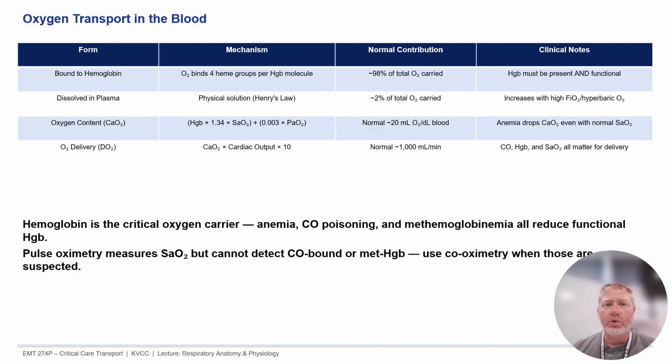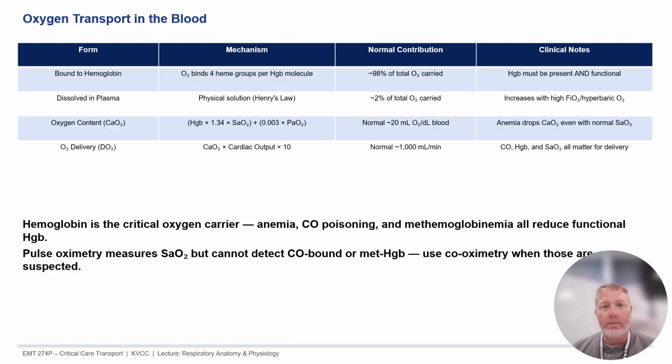The clinically crucial implication, though, is that a patient with a hemoglobin of 7 and an SpO2 of 100% has far less oxygen content than a patient with a hemoglobin of 14 and an SpO2 of 95%. Right? This is why you should treat anemia as an oxygen delivery problem, not just a number on a CBC.